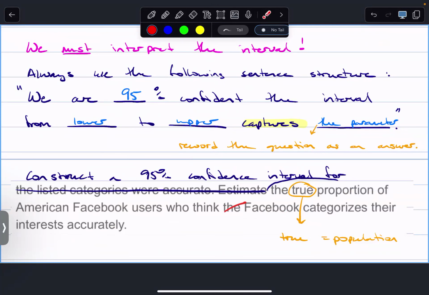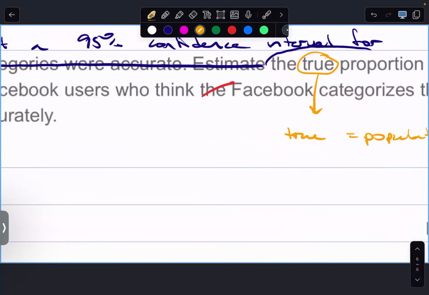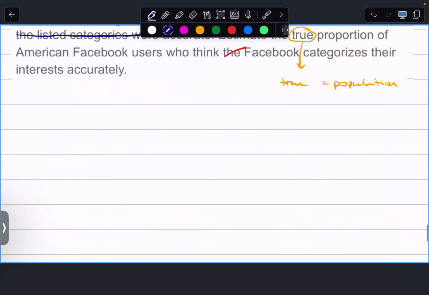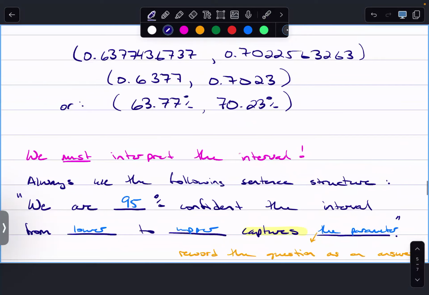And so you just reword the question as an answer, and then you've got it. So in our case, we would say we are 95% confident the interval from, now I have a decision to make.